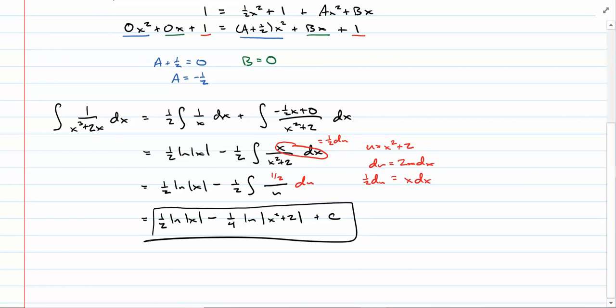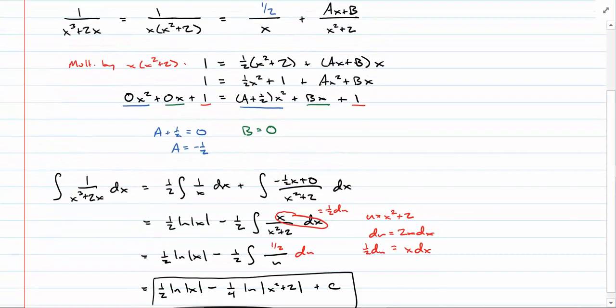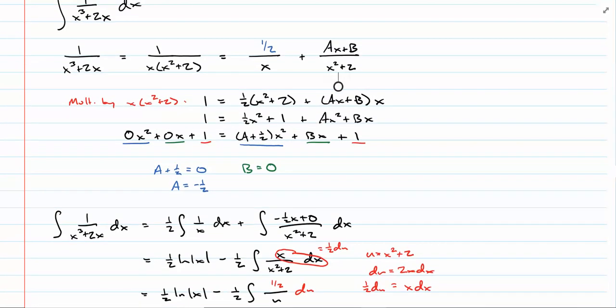So there's an example of what happens when you have a quadratic factor in the bottom. When you have a quadratic factor in the bottom, partial fractions says it's going to be some linear function over that quadratic factor. You solve for a and b, first of all, by clearing the fractions.